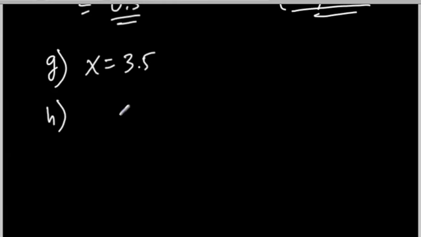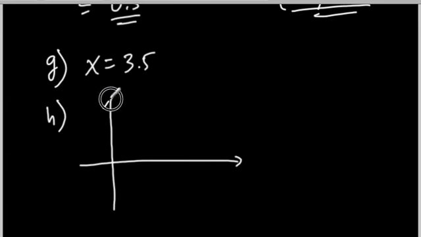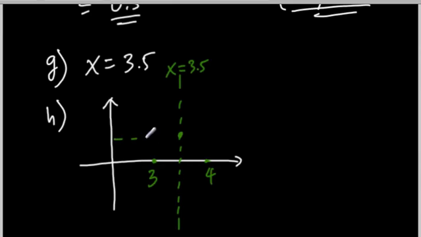H. Now let's just graph it. So we have that and that. Anyways, we have one x-intercept, which is 3, another one which is 4. We know that the equation of the axis of symmetry is x equals 3.5. The y-coordinate of the vertex, as we've determined, is 0.5.